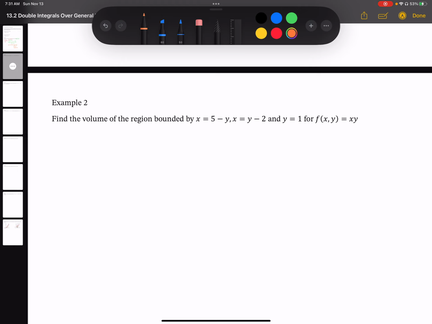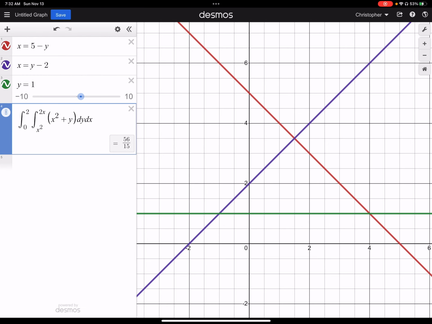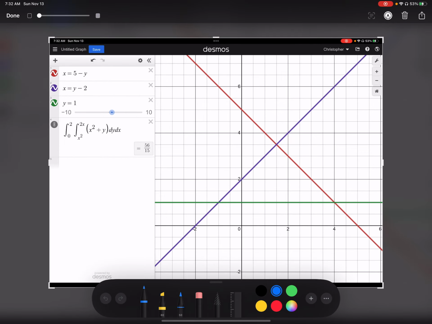So for the second example, we have the volume bounded by the region 5 minus y and x equals y minus 2. All right, so I graphed this one as well, just so we can see what's happening.